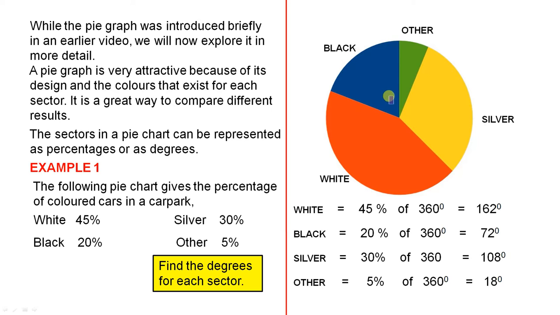So here we have 72 degrees. Silver is 30% of the whole circle. So 30% of 360 is 108 degrees. So that angle there is 108 degrees. And other colours represent 5% of 360, and that gives us 18 degrees, and that represents that angle there.